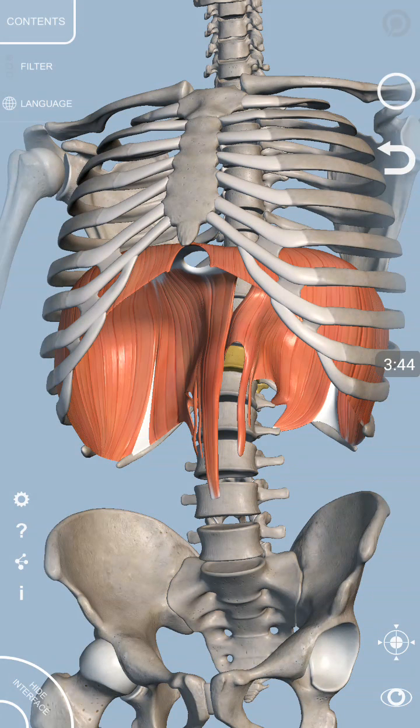So to remember these structures, I always try to give them color coding. Aorta is red in color. The other color is blue, which is a vein, and that vein is the azygos vein. And the third one is the thoracic duct, which is shown green in color in different atlases.